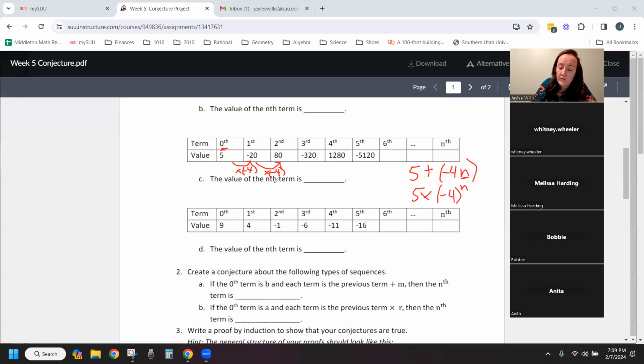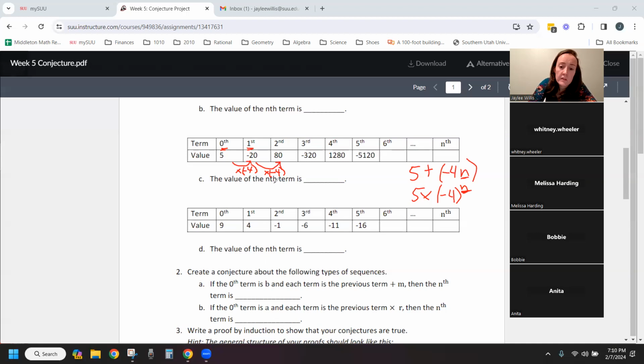So this one works for the first term or the 0th term, I guess. And it looks like the second one also works for the 0th term because -4 to the 0 power is 1, times 5 gives us 5. So it's true in both cases. So maybe let's try the next one and see if that helps define it a little further.